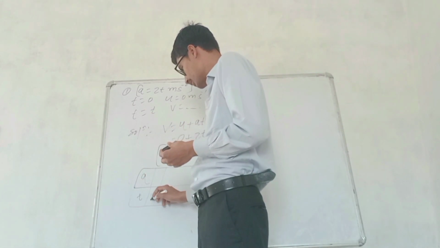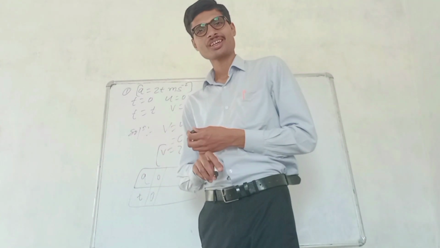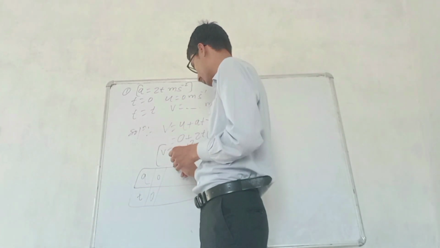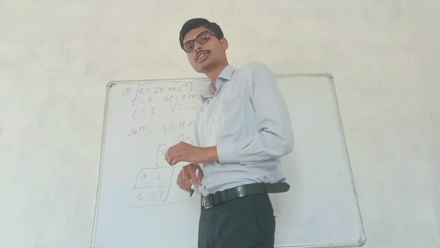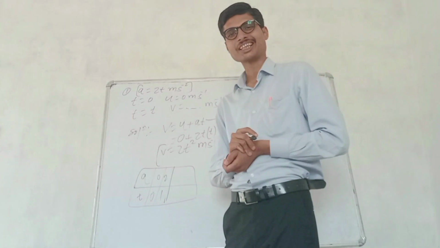If time is 0 seconds, then the value is 0, which means there is no acceleration here. If time is 1 second, then acceleration will be 2 meter per second inverse 2.